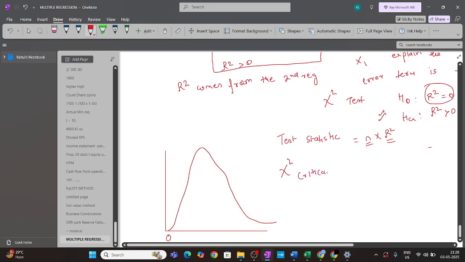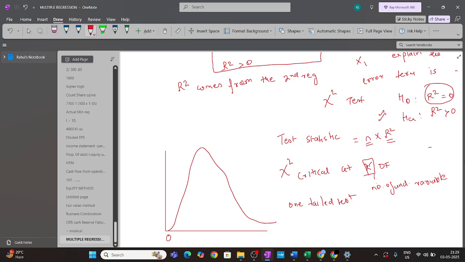Chi-square critical कैसे निकलेगा? At k degrees of freedom. K is the number of independent variables. ठीक है, and you put the entire level of significance in the right tail, so it's a one tail test.